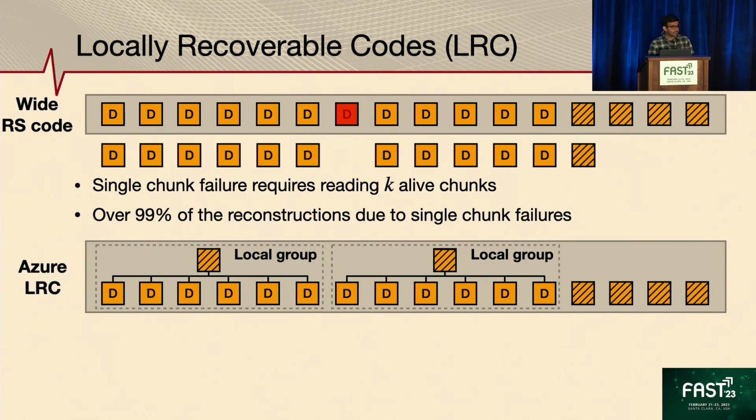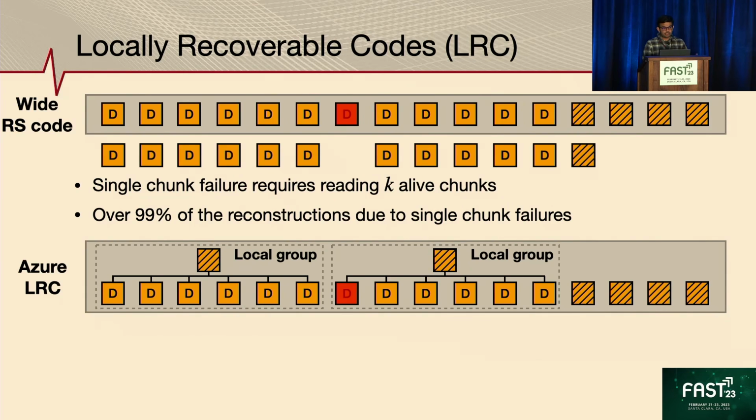In response to this, locally recoverable codes were developed and first proposed in 2012 in a paper from Azure, and they are colloquially also known as the Azure LRC code, where you partition all the data chunks into local groups, and each local group has a parity in addition to the global parities.